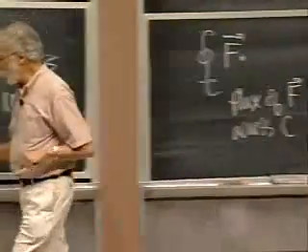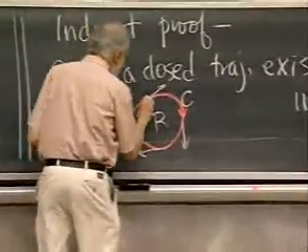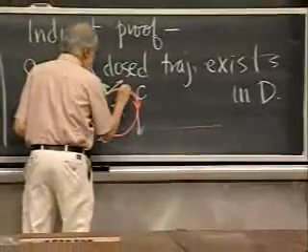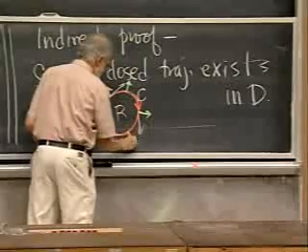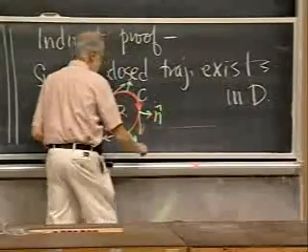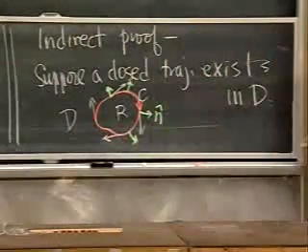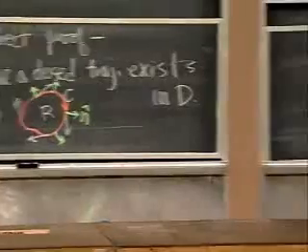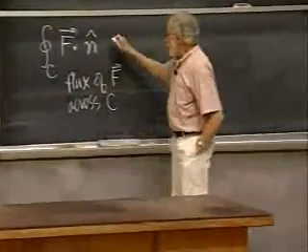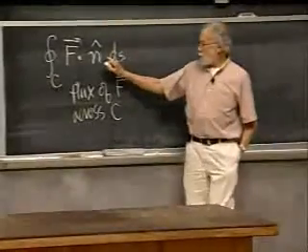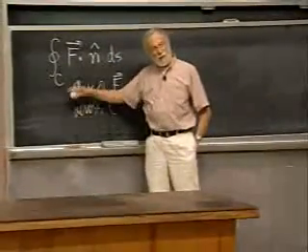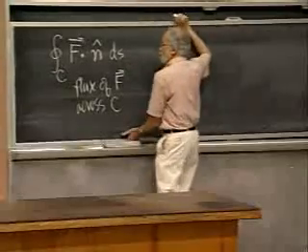I'll put in a few normal vectors just to remind you. The normal vectors look like little unit vectors pointing perpendicularly outwards everywhere. So F dotted with the unit normal vector, added up around the curve, gives me the flux of the field across C.